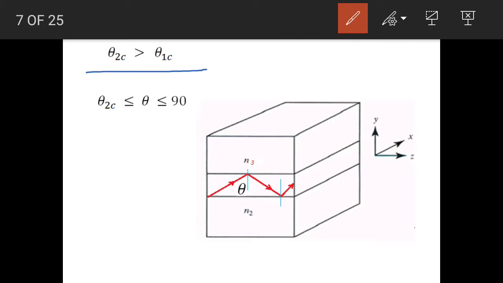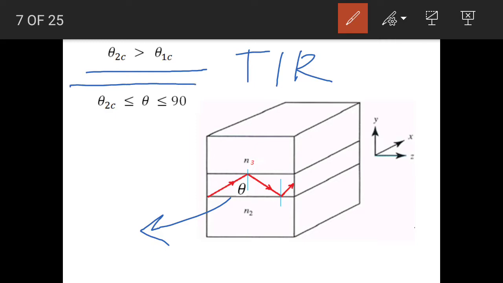We discussed the condition for the total internal reflection. The total internal reflection will take place, and the light ray will travel in the central layer of the asymmetrical slab waveguide, if this angle, which is represented by theta, is equal to or greater than theta 2c and less than or equal to 90 degrees.